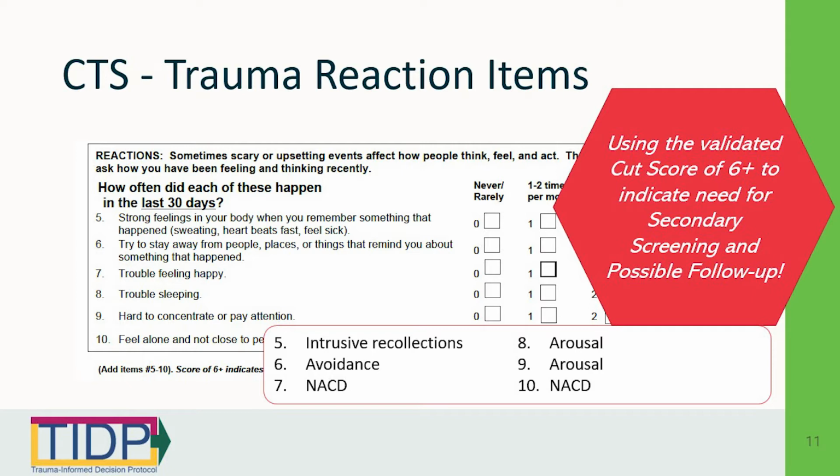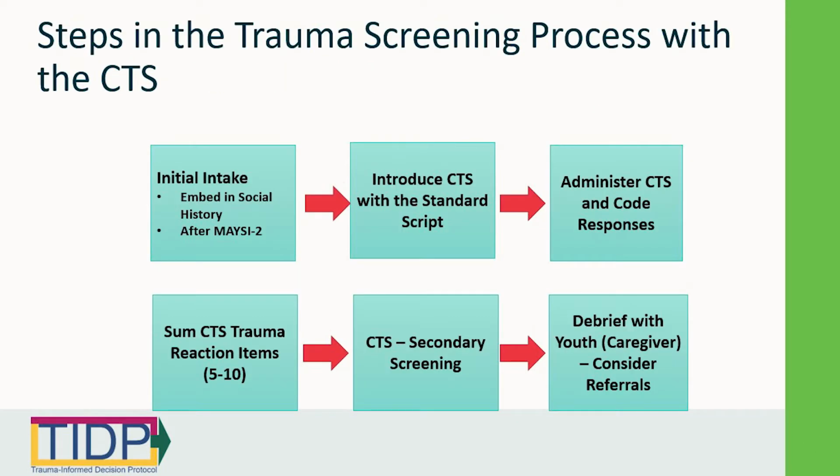What we know is that youth who are scoring above a 6 are moved into a follow-up process, which of course we all know now as the secondary screening process. And all of that information together is utilized to make a decision about identifying the next step or a possible referral of that youth to further trauma assessment.